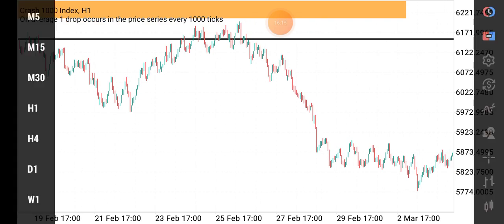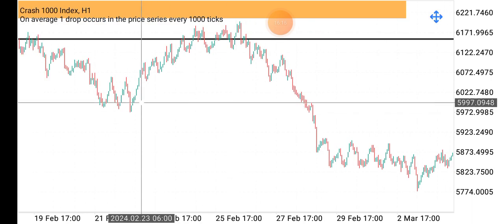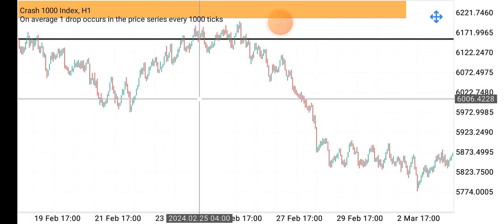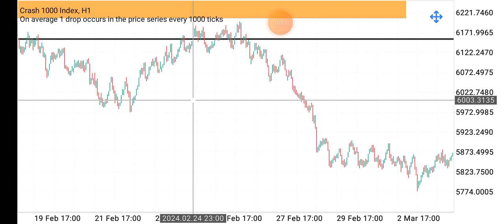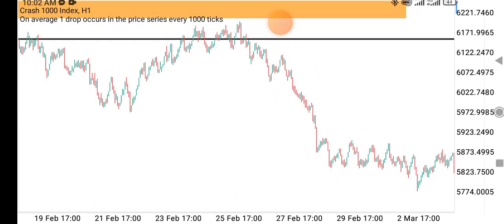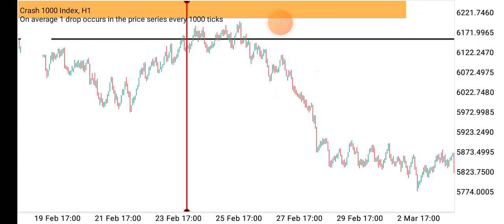Good. You can see what is happening right here. Guys, look at the 25th of February here. When did it start? It started at this point. This is the beginning, this is when the 25th of February started, guys. Let me get a vertical line to mark the 25th of February.